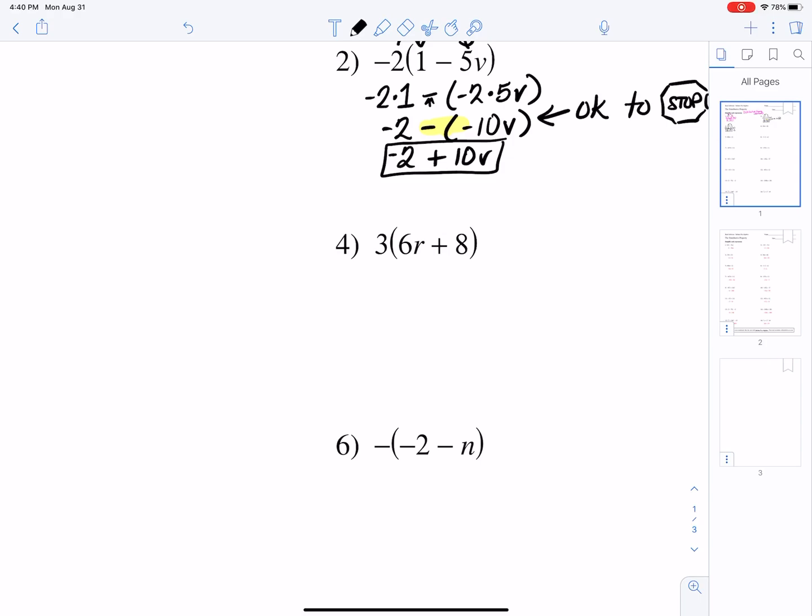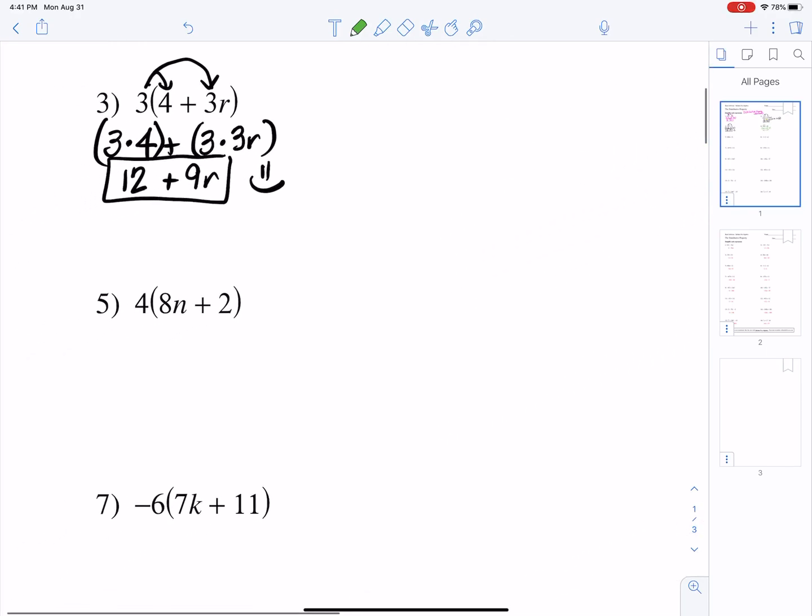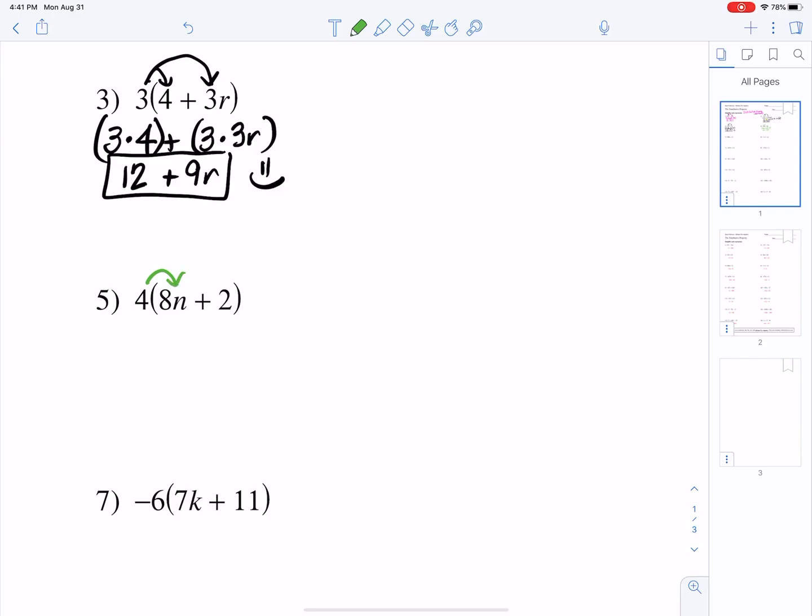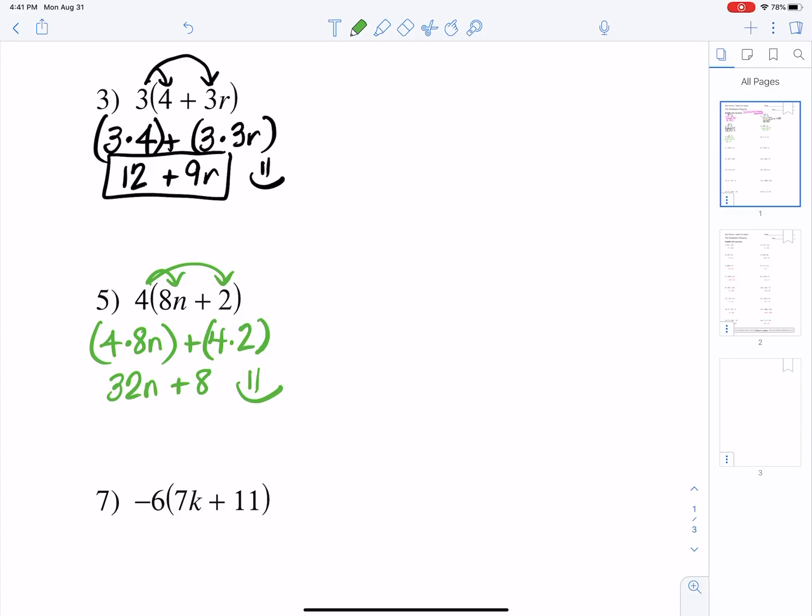Try this one. 3 times 6r plus 3 times 8. This becomes 18r plus 24. All right, continue. Distribute 4 times 8n plus 4 times 2. This is 32n plus 8. Done.